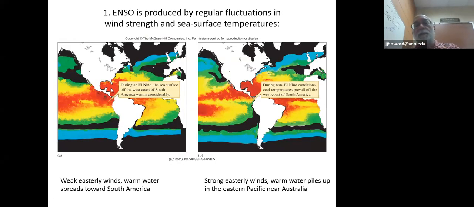Now, here's what it looks like from space. Okay, and during El Nino, you got warm water here. And look, the entire mid to northern coast of South America is bathed by relatively warm water. So the rising air here is generated by this big pool of hot water.